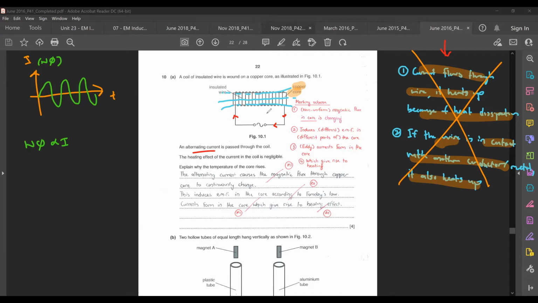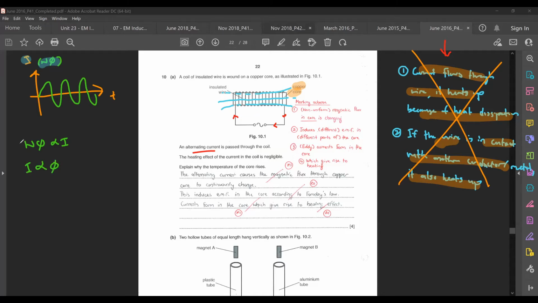Okay, you're going to have a magnetic field. The magnetic field passes through your copper core. But then the magnetic field itself doesn't remain constant because your current changes. Your current changes, so your flux linkage will change. You could also say that your flux just changes, because I can also be said to be proportional to flux. It doesn't matter which one you want to assume.